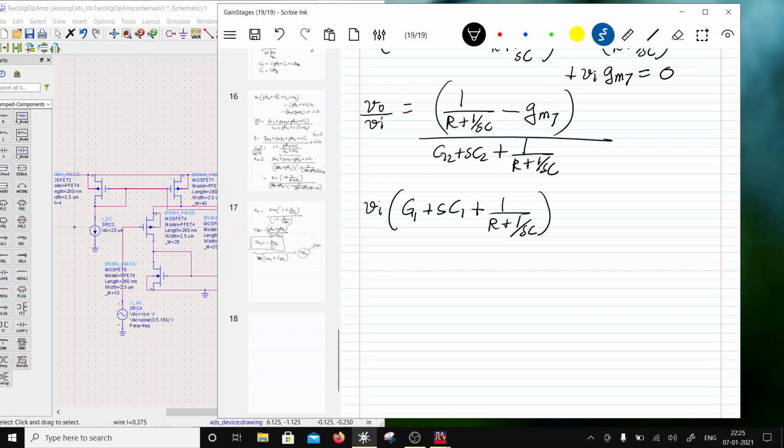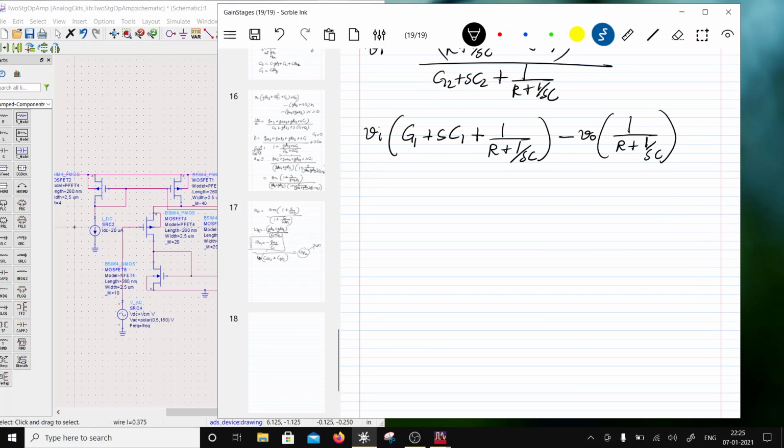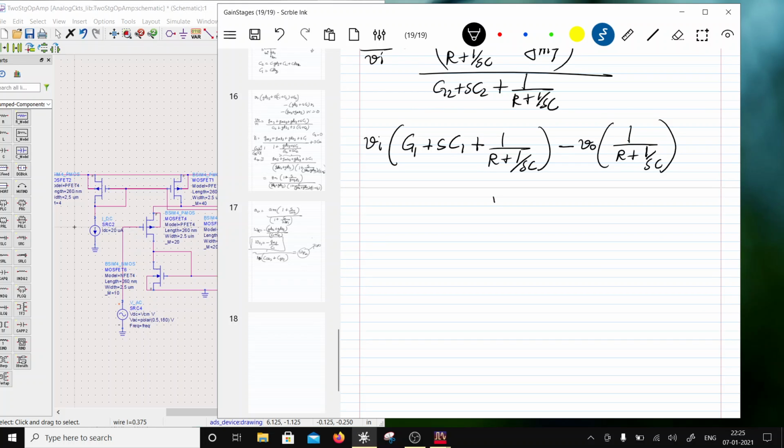Then it will be minus the adjoining node, and in between you have 1 over R plus 1 over SC, and then the current which is flowing out would be positive, so you'll have plus GM4 V in. Now that will be 0.